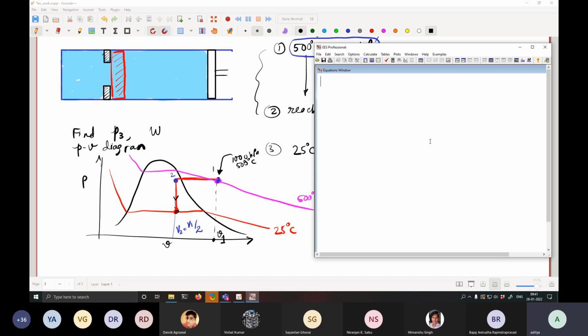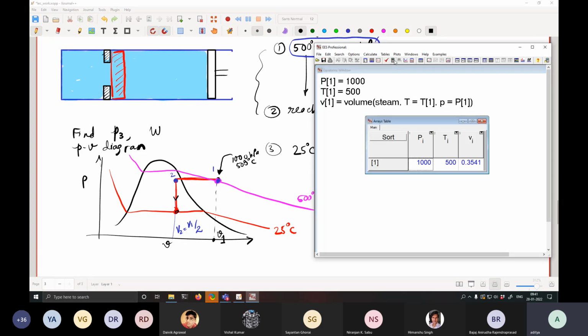So the first point, P1 is 1000 kilopascal, T1 is 500 degrees Celsius. So let us first fetch what the specific volume is. It's the volume, water, steam, T equal to T1, P equal to P1.